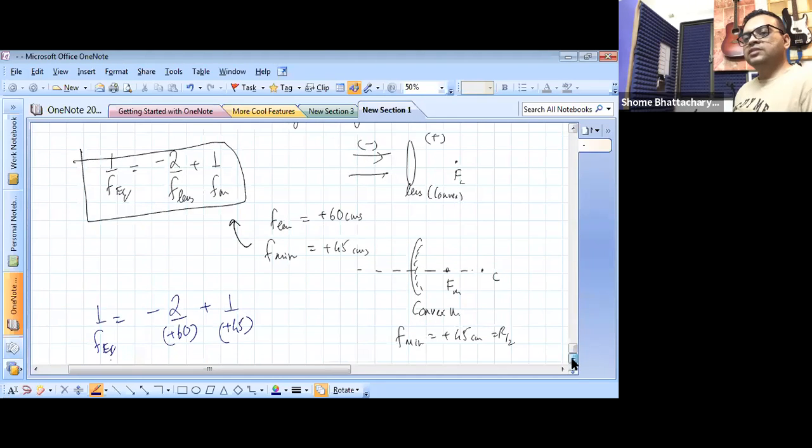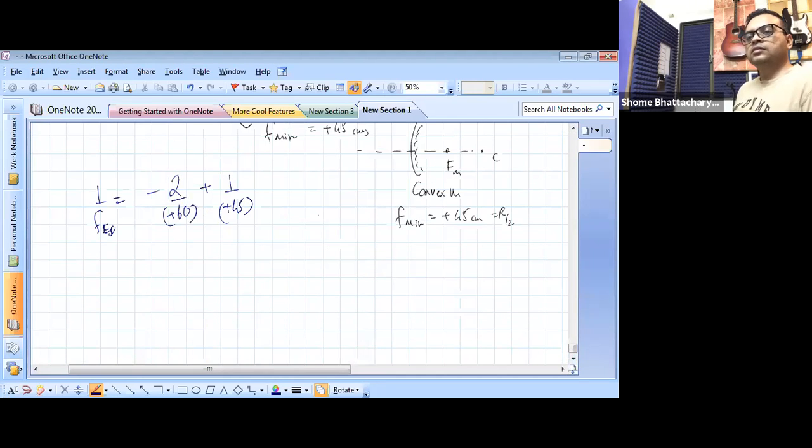So this combination will act like an equivalent mirror. So 1 upon f equivalent is 1 by 45 minus 1 by 30. That is 2 minus 3 by 90. So minus 1 by 90.